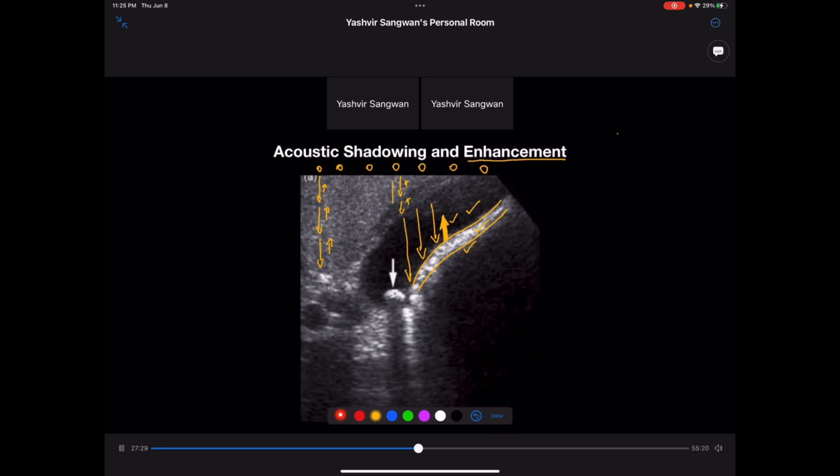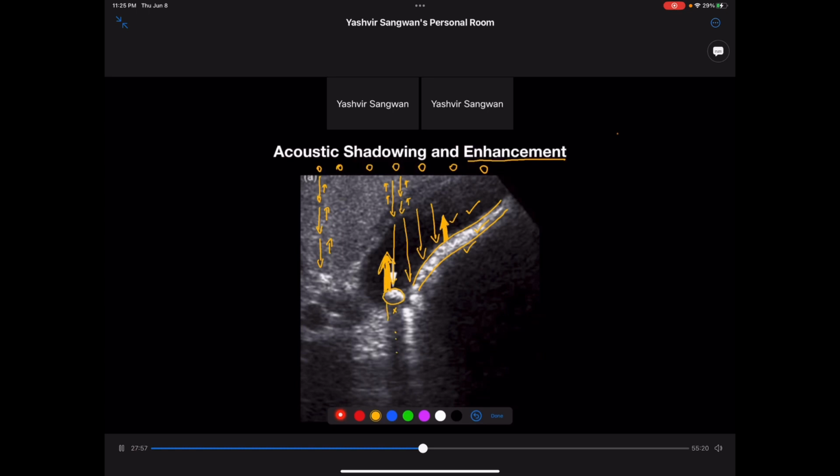What is happening here? Ultrasound waves come down, some of them are reflected, homogeneous gray, then they enter fluid, it goes straight through, and then there is a full stop because there is a gallstone with calcium in it. Everything gets reflected. This is big time reflection. If everything gets reflected and no sound gets penetrated, then there will be no echoes coming back from this area.